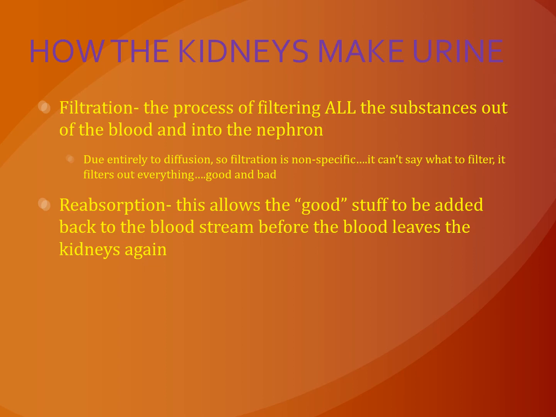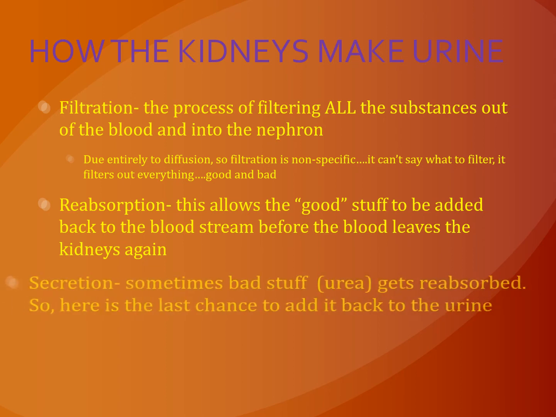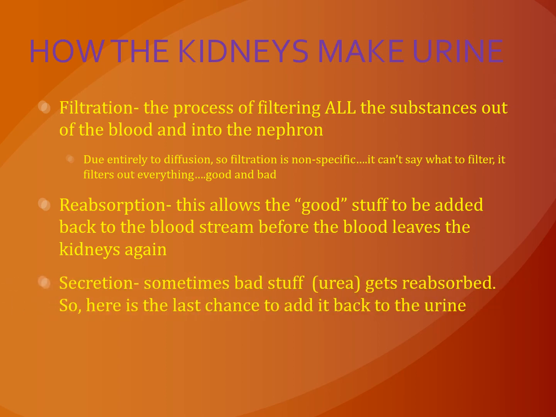Because we don't want nutrients being lost in our urine. Okay? We need to make sure that any nutrients that get lost go back into our bloodstream. And then we have secretion. Secretion happens in the ascending loop of Henle and the distal convoluted tubule. This is kind of like a last-ditch effort to make sure that the bad stuff is in the urine.